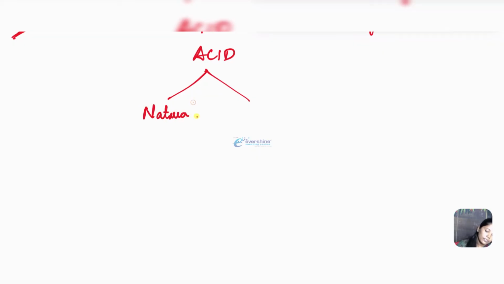Okay, so what important topics have we studied now? We have studied acids. In acids there are how many types? Two types. Natural acids and synthetic acids.